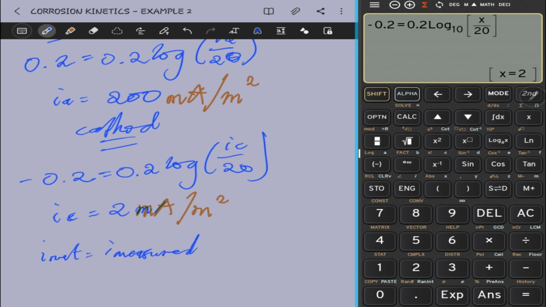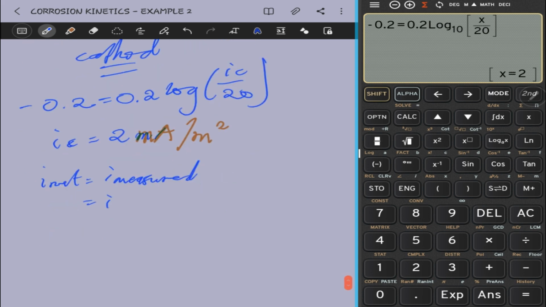It will be the anodic minus the cathodic. So we have 200 minus 2, which gives us 198 milliamperes per meter squared. So that's it for this particular example.